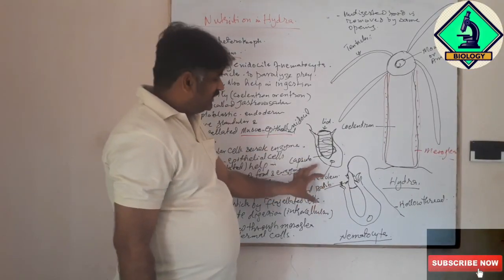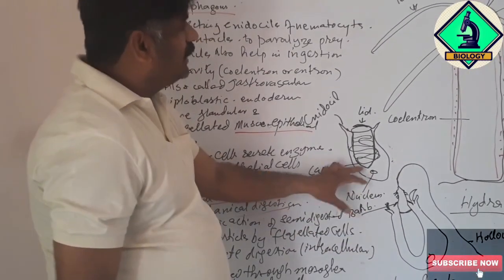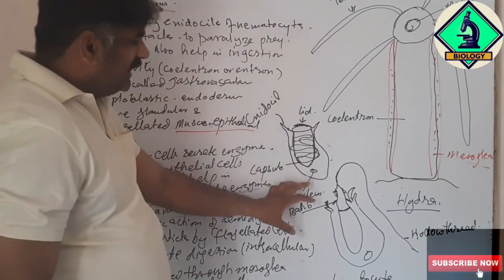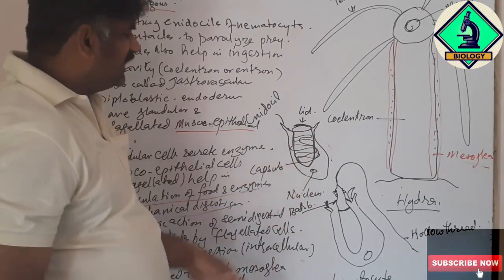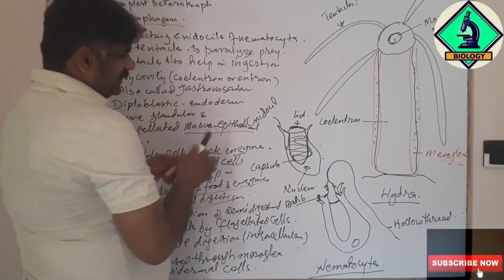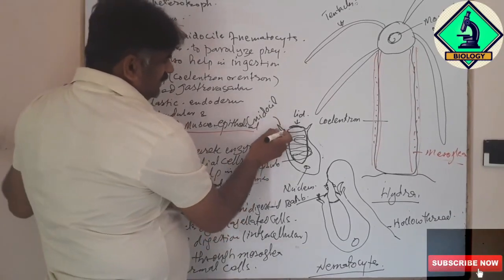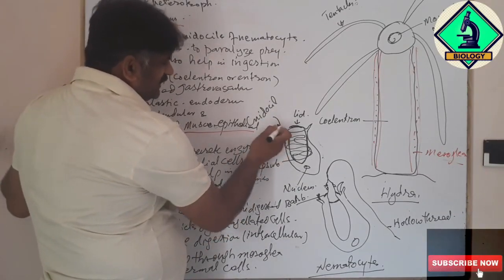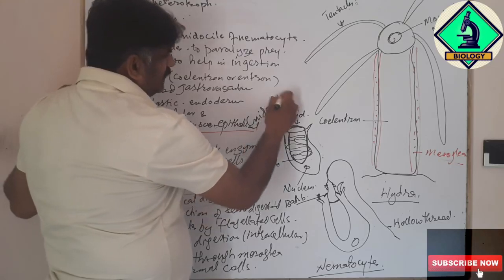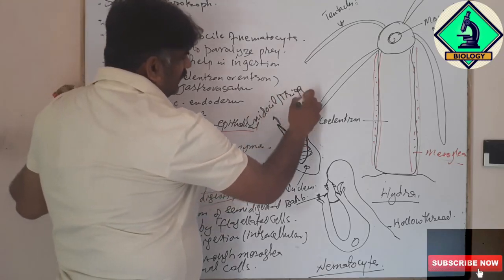I have drawn figures of these stinging cells present in the tentacles, the cnidocytes. This part of the cnidocyte is called a trigger.